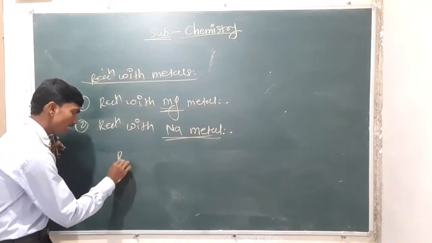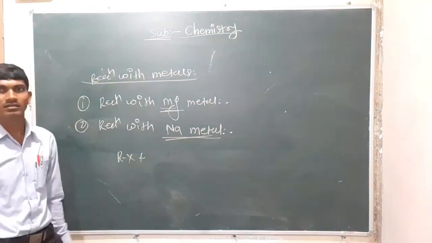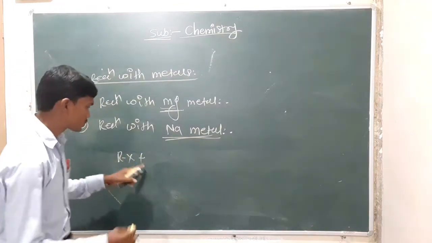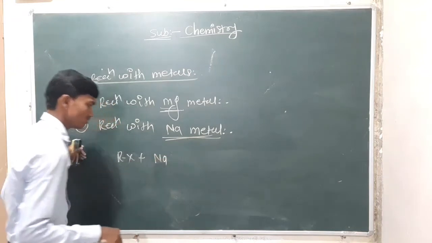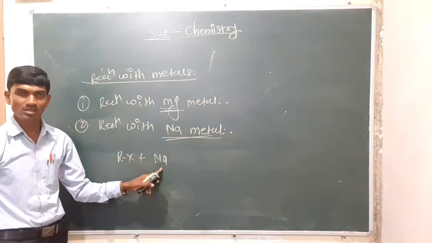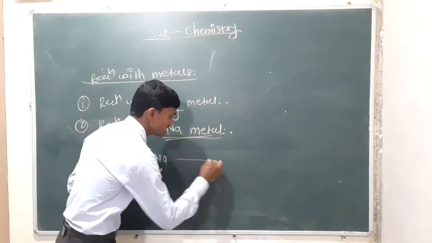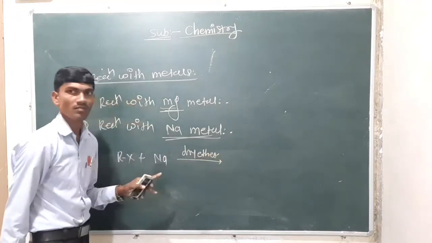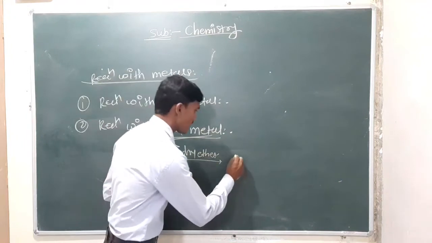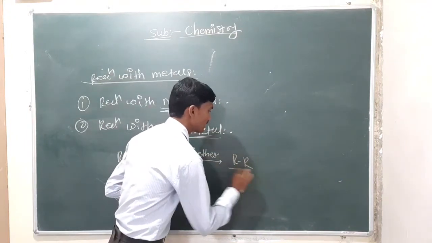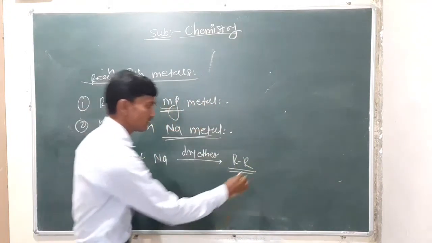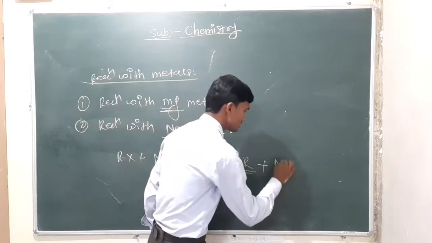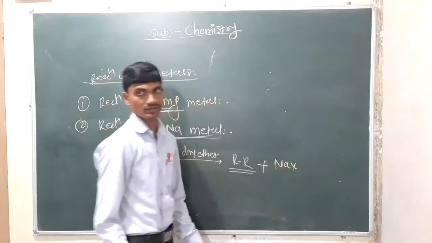When alkyl halides react with sodium metal in the presence of dry ether, they form higher alkane, and the side product is sodium halide.